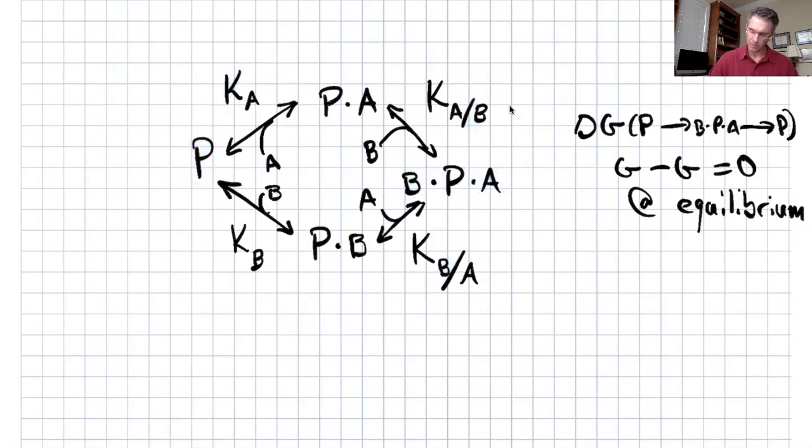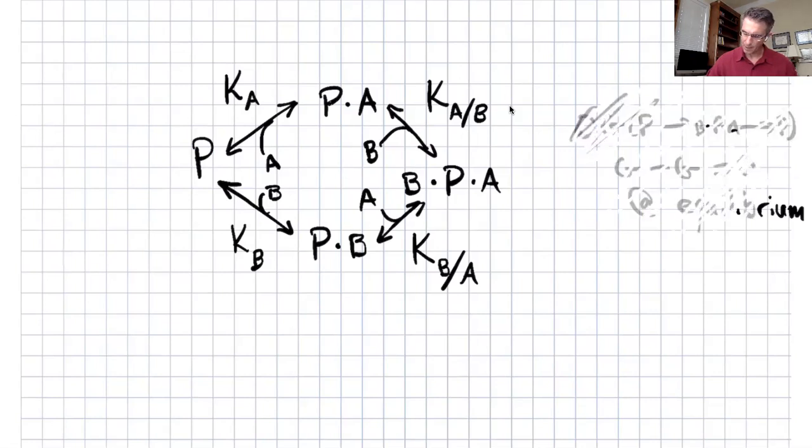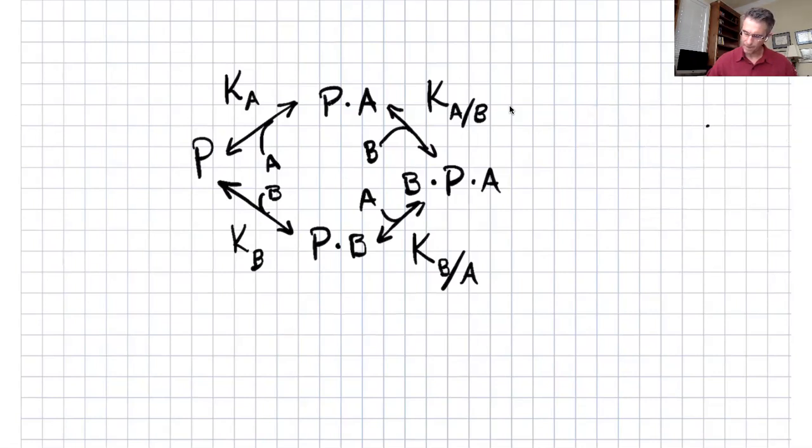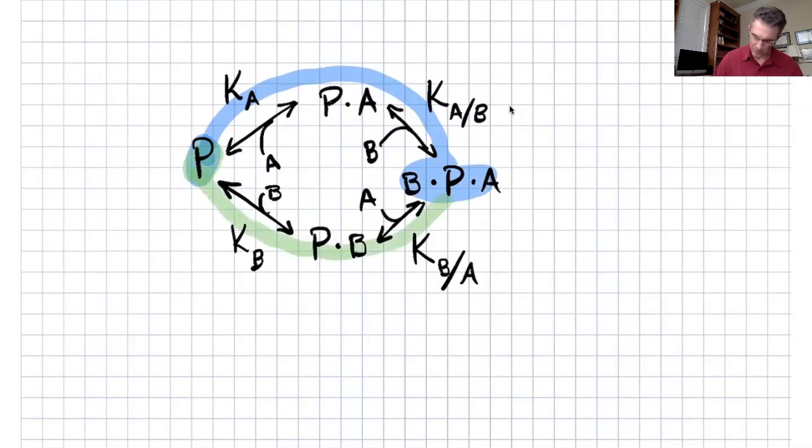All right, so what about this case? What happens now if we start here at P and we go just this half reaction? Or say we could start here at P and we just go this way. So we have the two half paths.